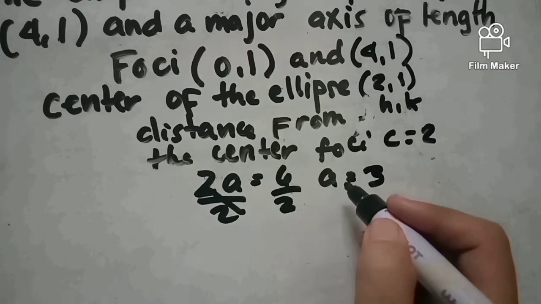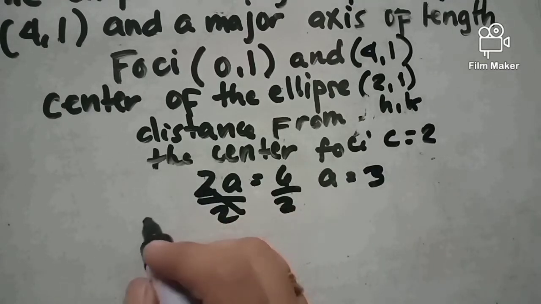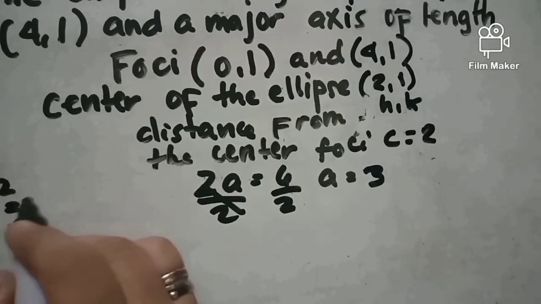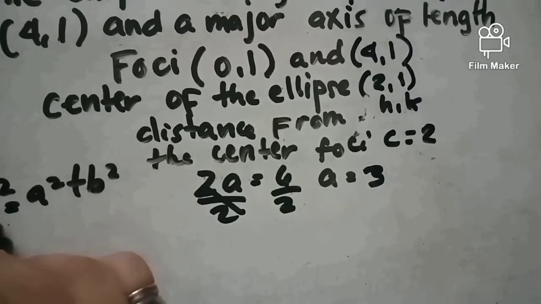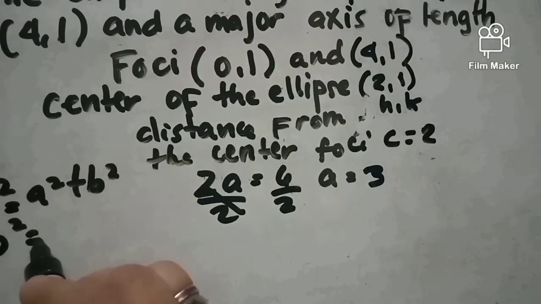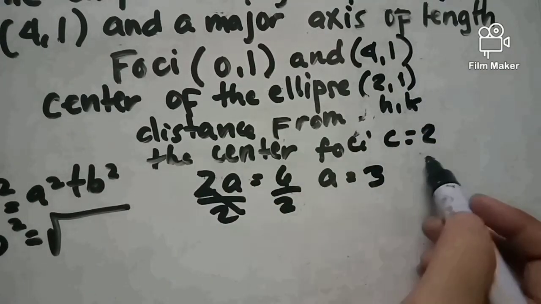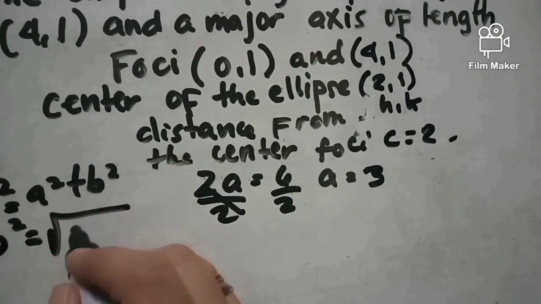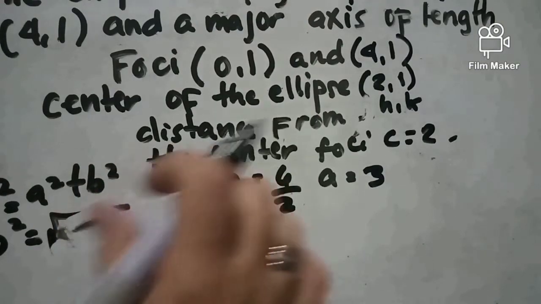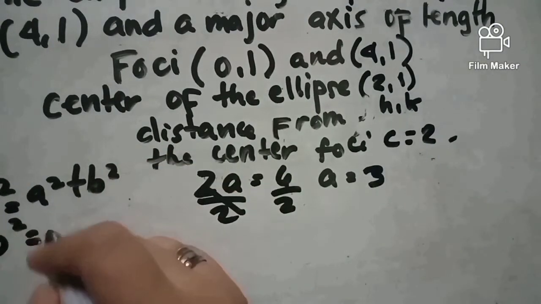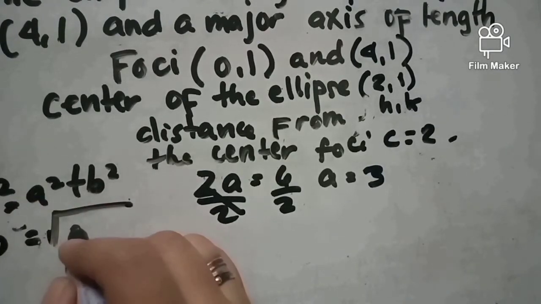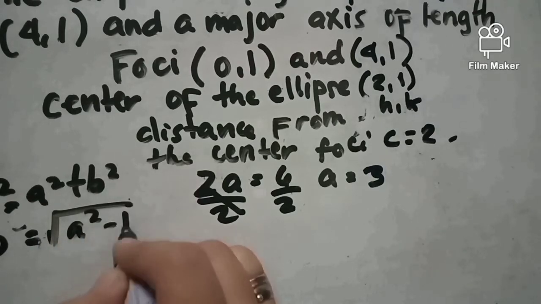Saan siya galing? So, meron tayo tinatawag na Pythagorean relation, A squared minus B squared.